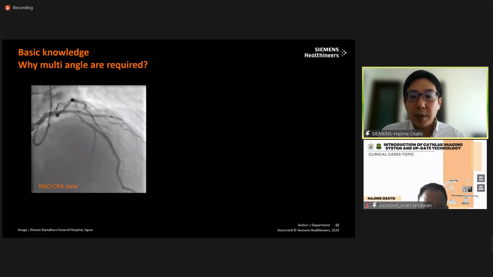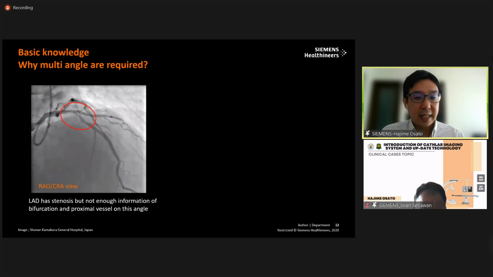So why are multiple angulations required? Please see these images. This is the RAO cranial view for LAD. LAD number 6 part has a stenosis. This part is quite close to the number 9 diagonal. But we cannot see enough of the bifurcation area in this angulation.